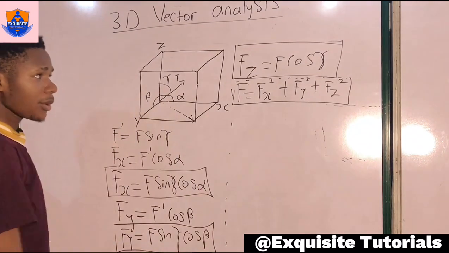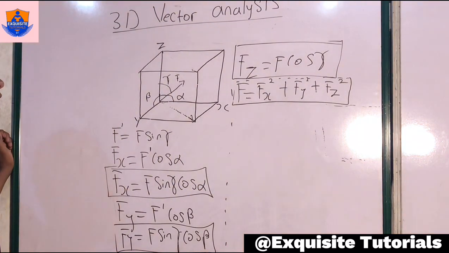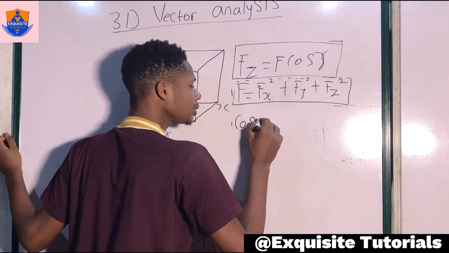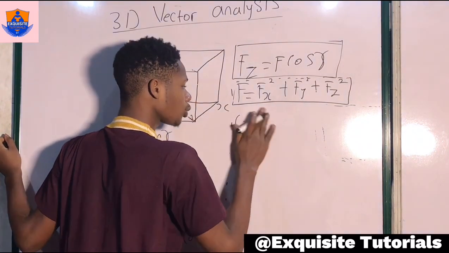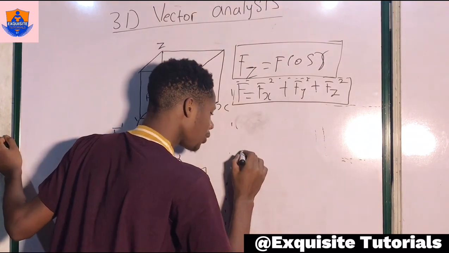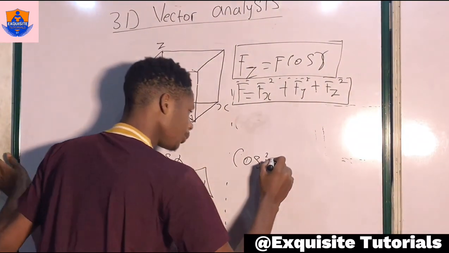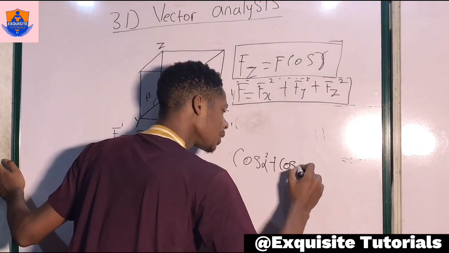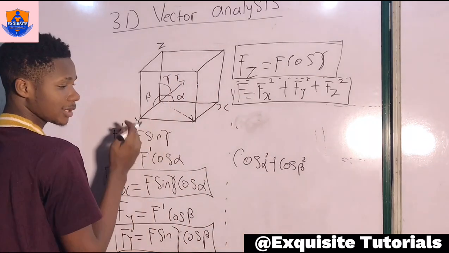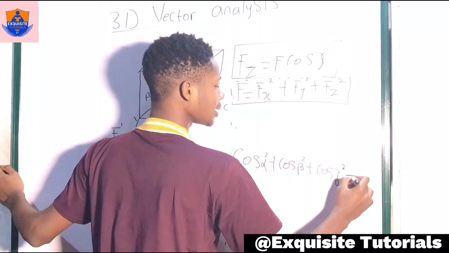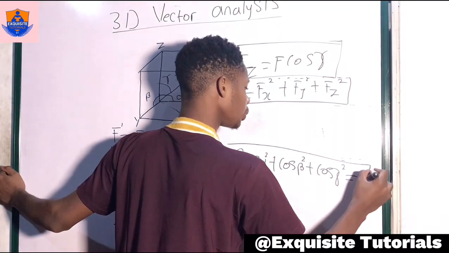Now sometimes we might be asked to find the value of the unit vector, or the angle that it makes. It is very simple. There is a general formula used in solving this, and that is cosine of alpha squared, where alpha is the angle with the x-axis, plus cosine of beta squared, where beta is the angle with the y-axis, plus cosine of gamma squared, where gamma is the angle with the z-axis, and that is equal to 1.